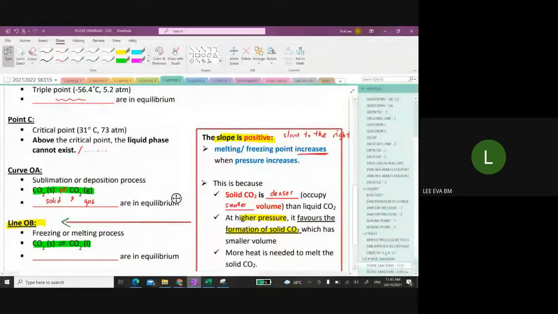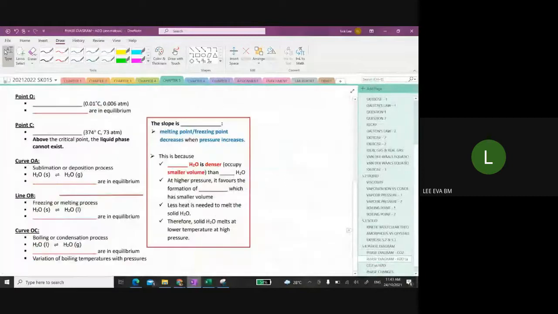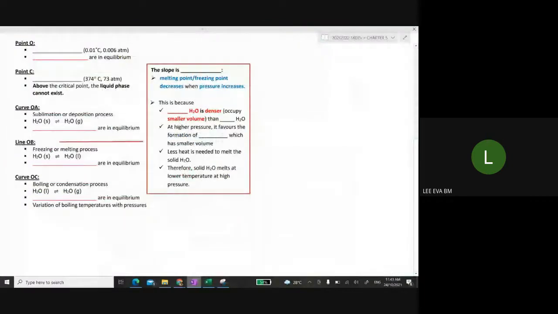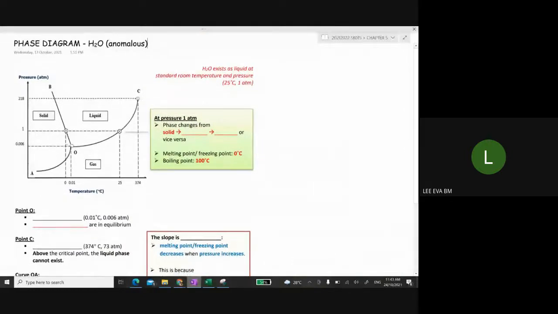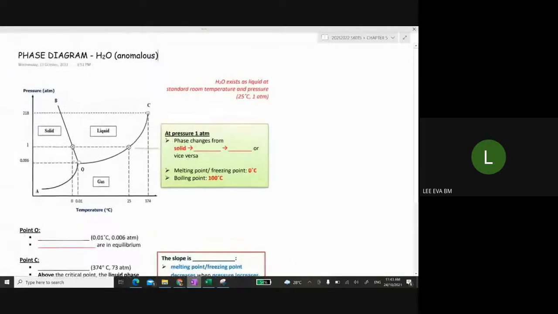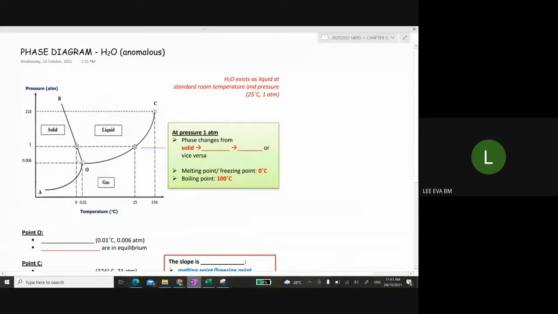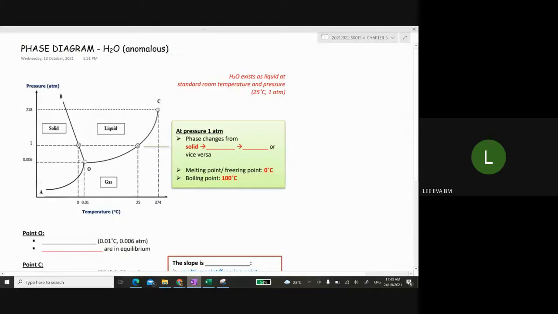Okay, and then we go to the next one, which is our phase diagram for H2O. H2O is different from other common substances, other than your carbon dioxide or any other normal substance.